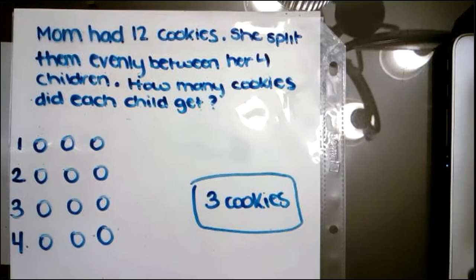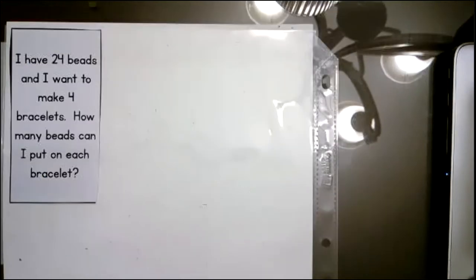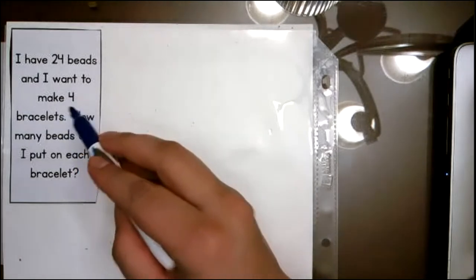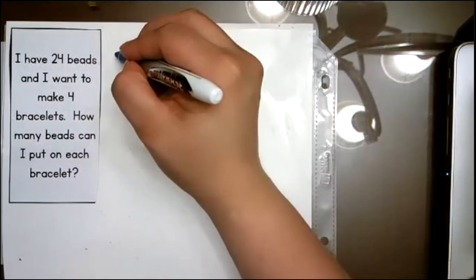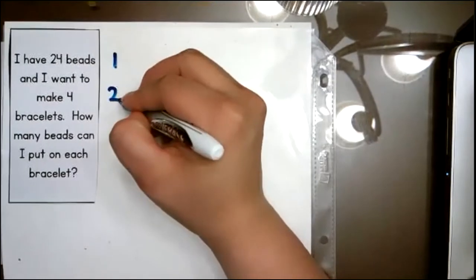You are rocking math. All right, friends, our next word problem is: I have 24 beads and I want to make 4 bracelets. How many beads can I put on each bracelet? So remember, friends, what's our first step? There's 4 bracelets, which means that we are going to create 4 different rows.